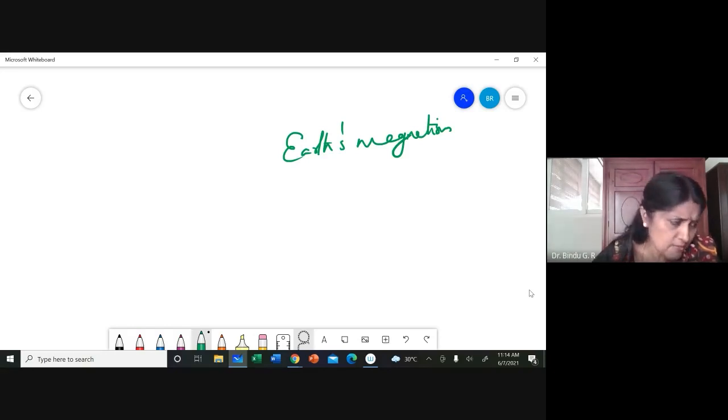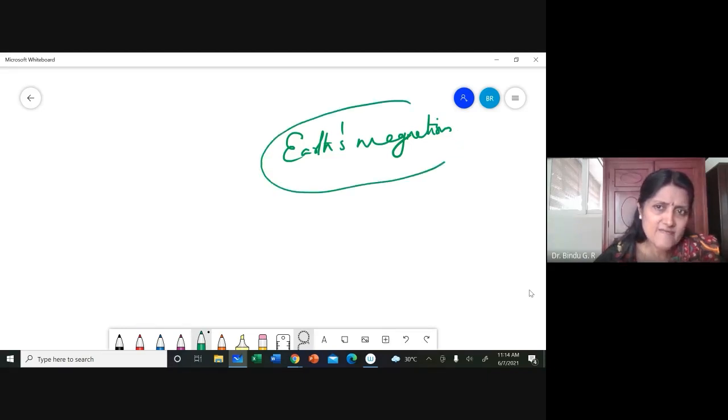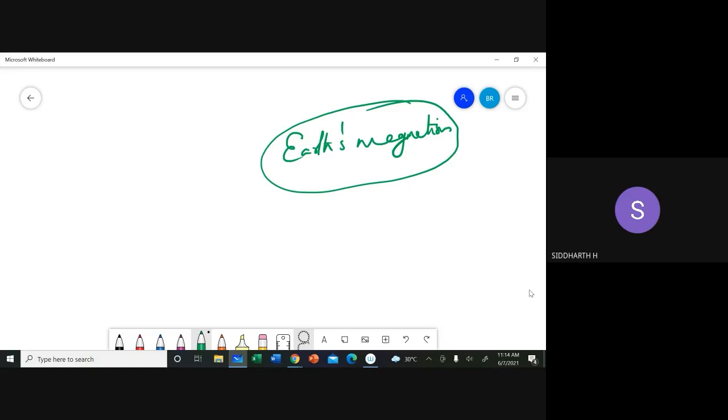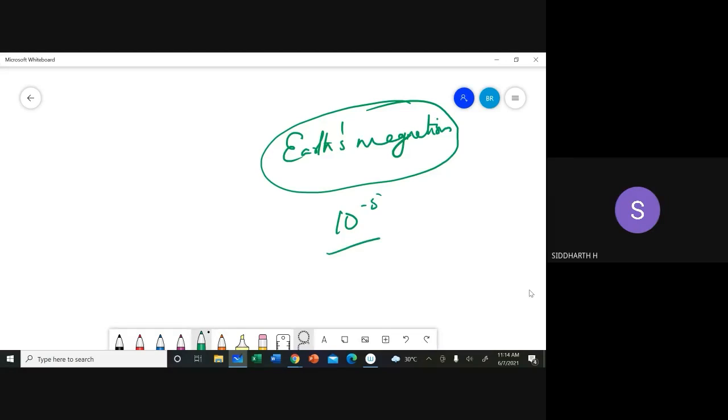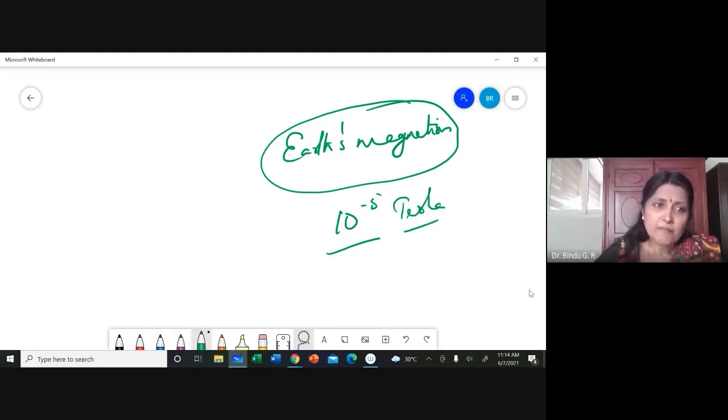Can anyone say what may be the order of Earth's magnetism at the North and South Pole? What is the strength of Earth's magnetism? Anyone? 10 raised to minus 5, I think. 10 raised to minus 5 what? Tesla, ma'am. Okay.